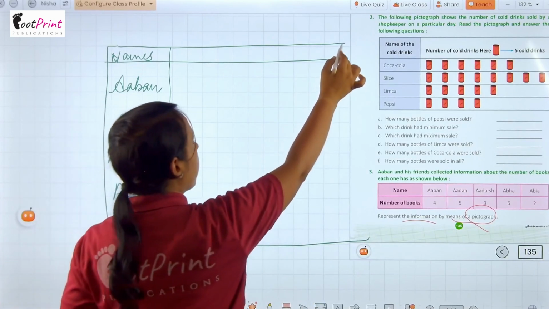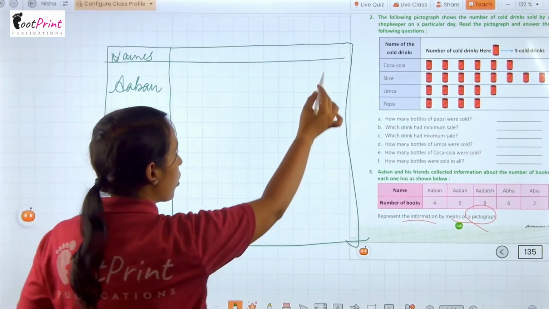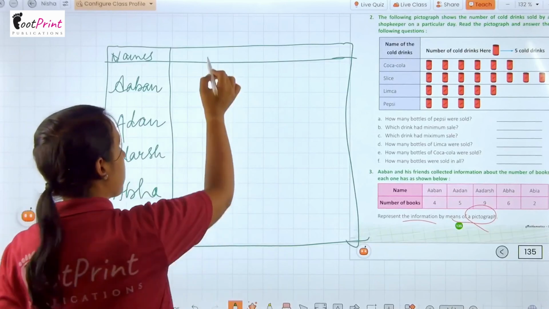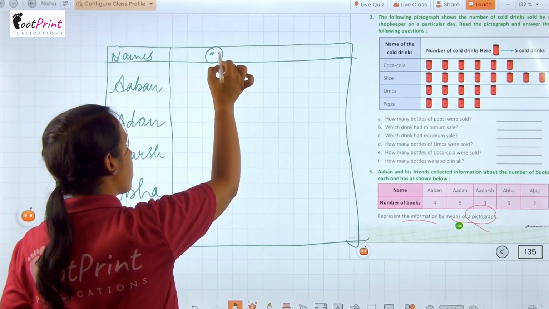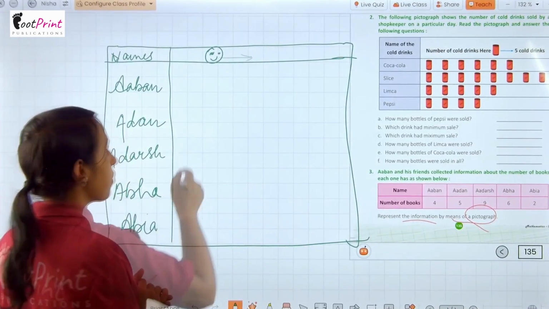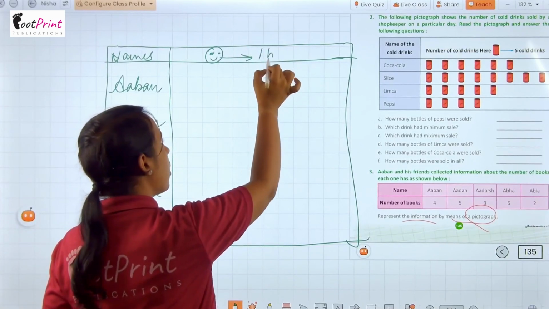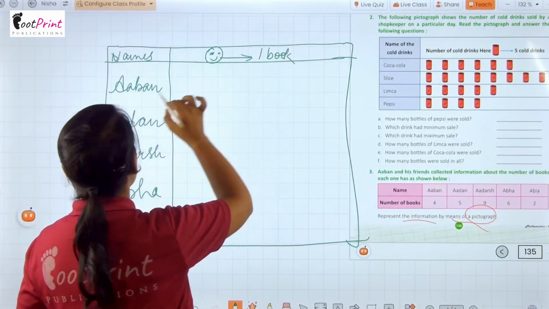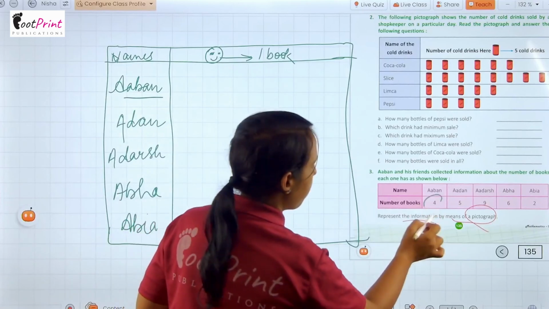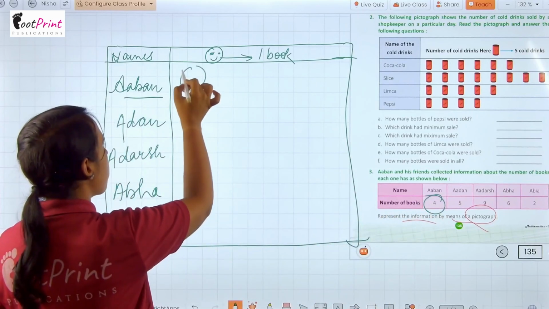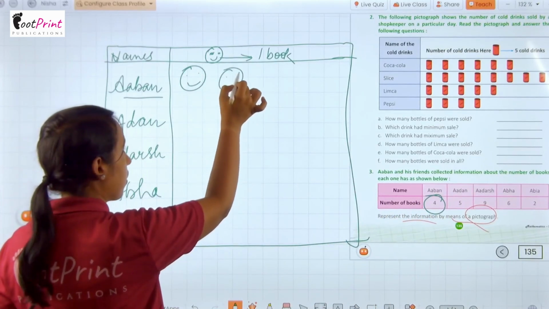Okay, and here we can use a scale, we can use any picture. Just like I'm using a smiley. So here I use one smiley that is showing one book. Okay, so Aban has 4 books. So here we have to make 4 smileys.